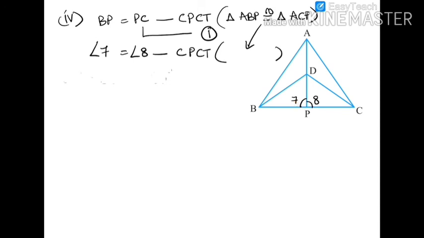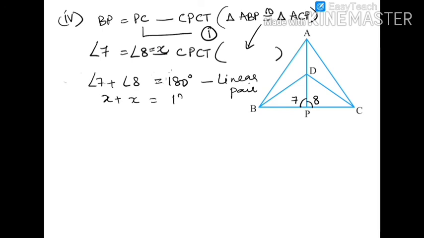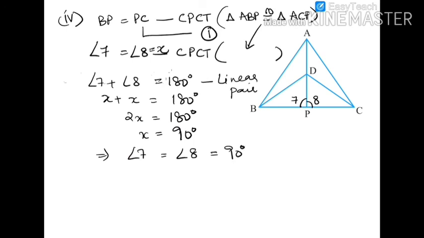But angle 7 and angle 8 form a linear pair. So their sum should be equal to 180 degrees. Let's equate each of these angles to a variable x. So x plus x will be equal to 180 degrees. 2x will be equal to 180 degrees, or x is equal to 90 degrees. So this implies angle 7 and angle 8 each is 90 degrees.